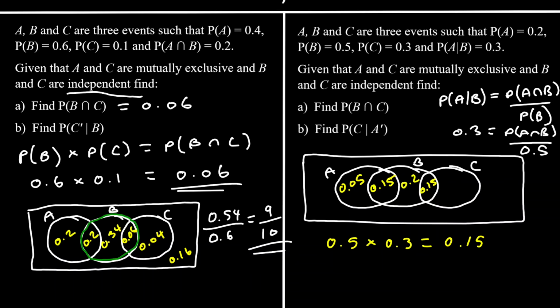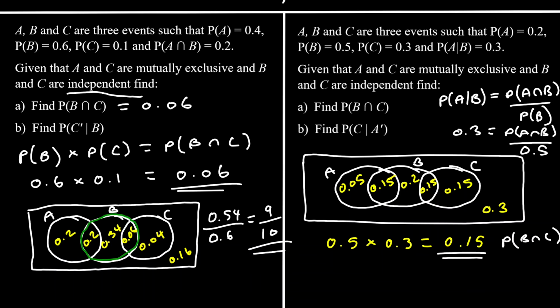The whole C circle is 0.3. We need another 0.15. And what does this add up to? So the whole of B is 0.5 plus 0.2, 0.7, 0.3 on the outside. So the probability of B and C, we've worked out 0.15.